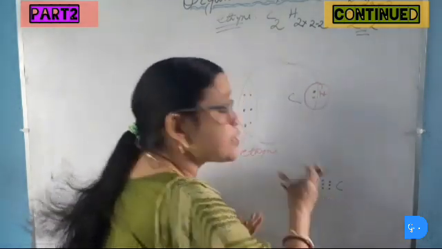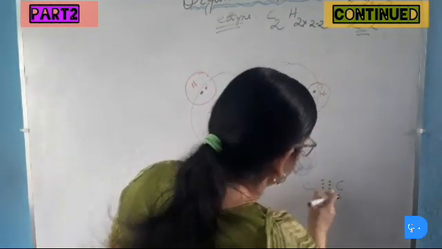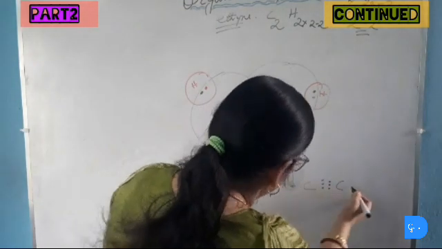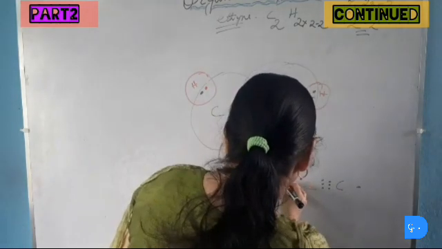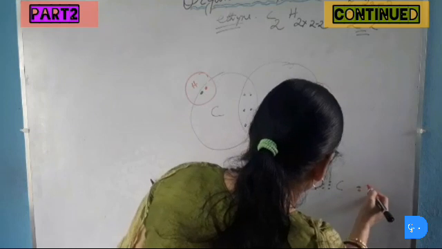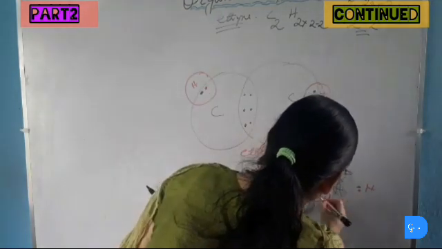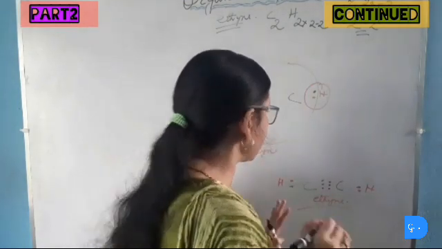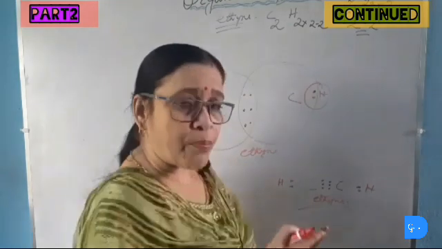We are taking ethyne here, that means there are only 2 carbon atoms. How many valence electrons of carbon atoms are left? Only 1. Here also only 1 is left. This is hydrogen and this is hydrogen. This is the electron dot structure of ethyne. In this way we can draw the structural formula and electron dot structure of all the compounds knowing the formula.